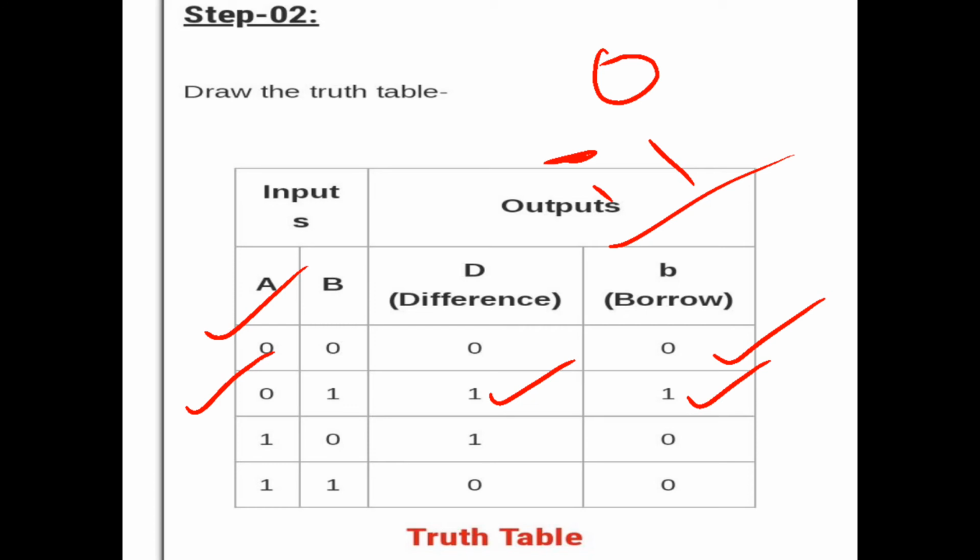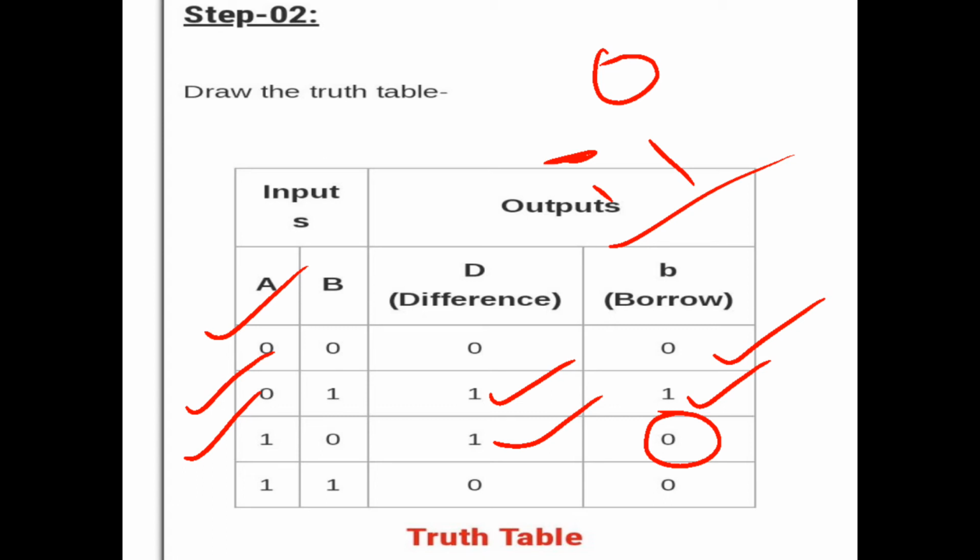And when the third input is 1 for A and 0 for B, we'll have the difference again 1, but now the borrow is 0.